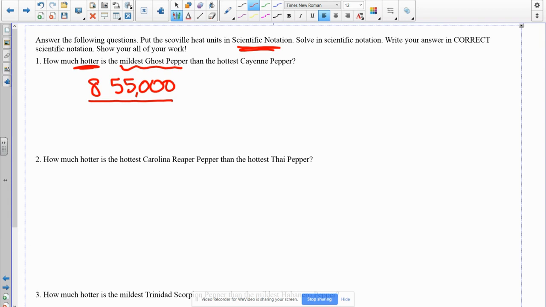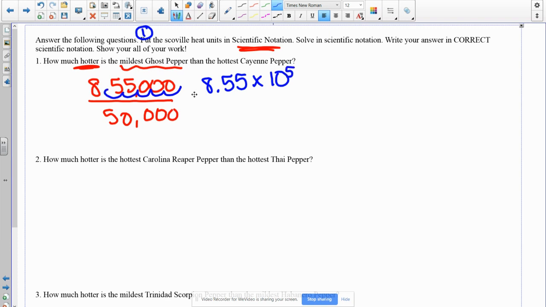Looking at my sheet, there's two levels, 30,000 and 50,000. 50,000 is hotter. So I'm going to put this into the two problems. Now I have to rewrite them into scientific notation. That was my first verb here. So I'm going to write that as 8.55 times 10, and I'd move that decimal over 1, 2, 3, 4, 5 times 10 to the 5th.